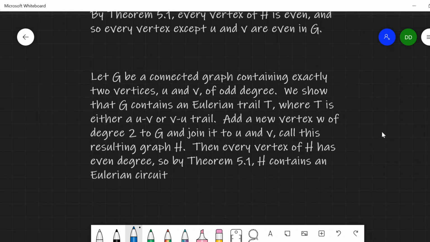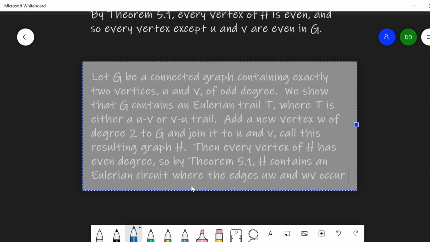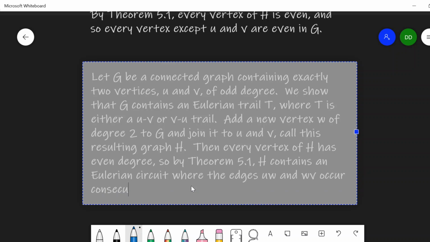So by theorem 5.1, H contains an Eulerian circuit. But we can say more about this Eulerian circuit, where the edges UW and WV occur consecutively. That was because W only had degree 2, and so they would have to occur consecutively.